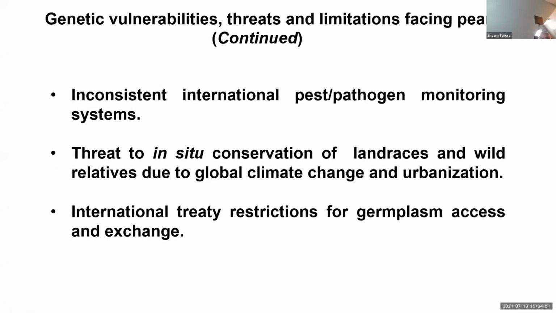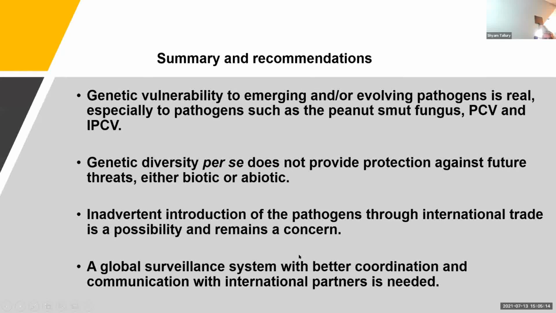We heard this morning there's a need for a global surveillance system to monitor these new pests and pathogens. And the last two relate to our inability to acquire and add new germplasm as native habitats are being threatened, or because international treaty restrictions limit our ability to bring them in.